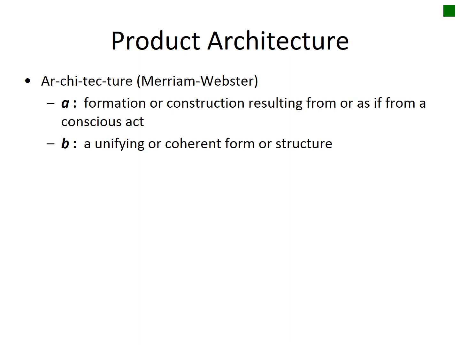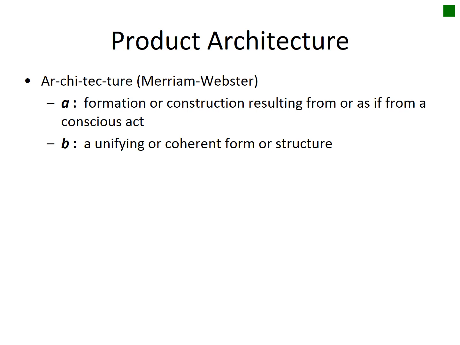The concept of architecture is the formation, beyond a building, beyond a physical structure of a building, is the formation or construction resulting from or as if from a conscious act, or a unifying or coherent form or structure. And that really B part is kind of what we're looking at here.